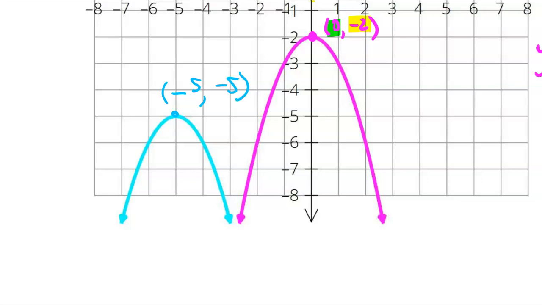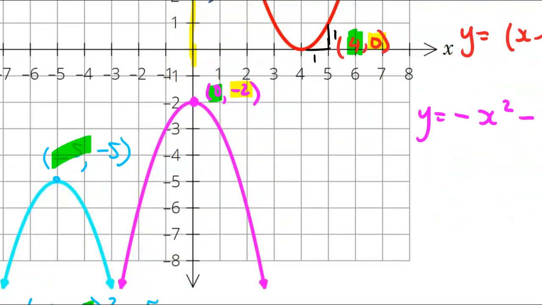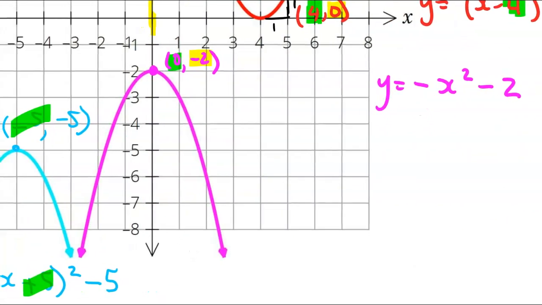So what's my equation? y equals -x plus 5 squared, take 5. Perfect. And when it says y equals -x squared, take 2, why does it have the negative? It's inverted. You mean pink? Yeah. The negative is because it's inverted. That causes the parabola to go upside down.